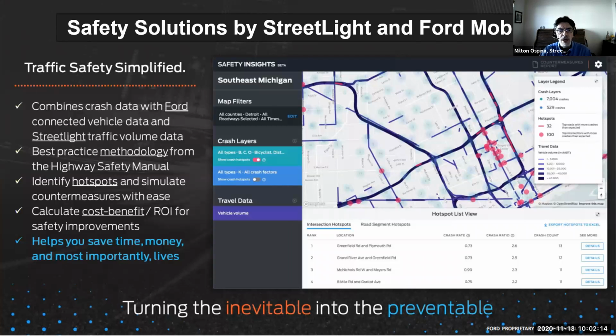As part of that effort, we formed a collaboration agreement with Ford Mobility to look at exactly that: where accidents are happening, hotspot analysis.